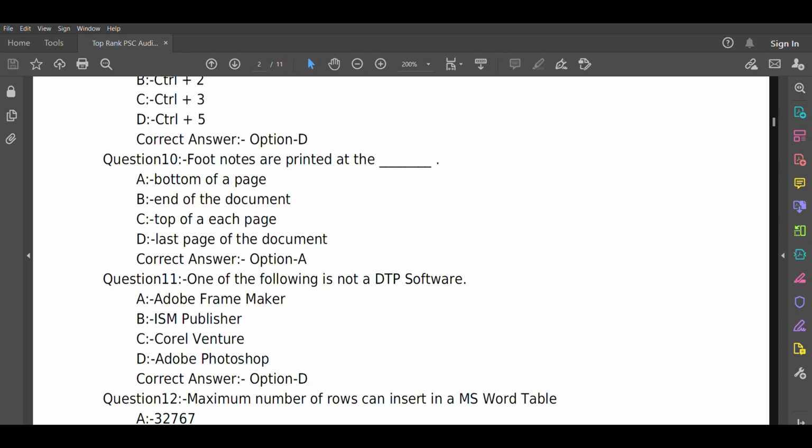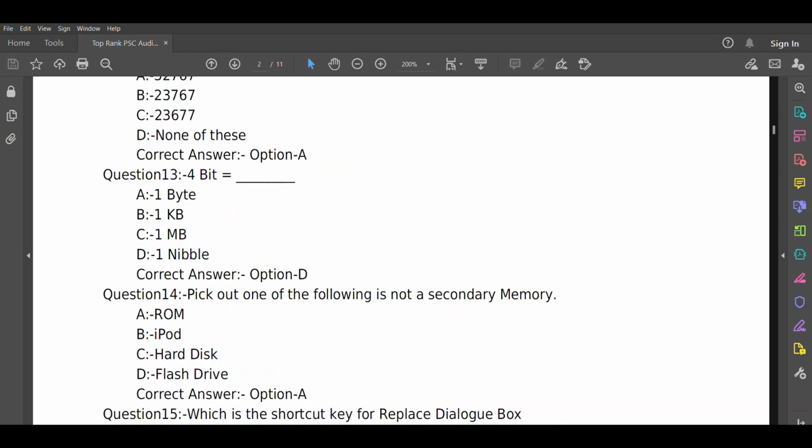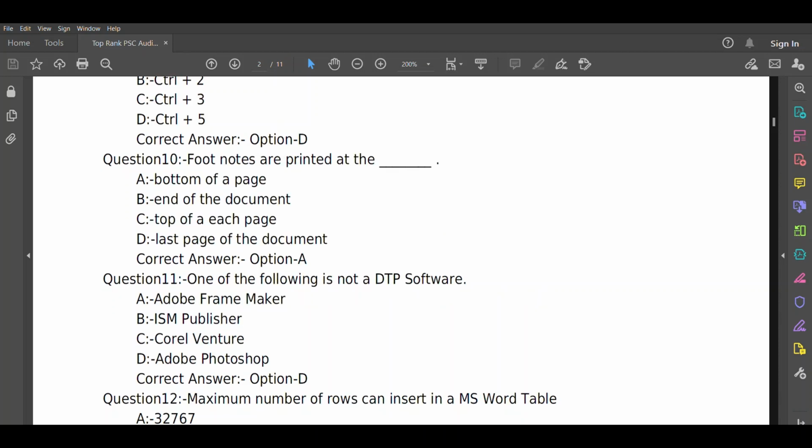One of the following is not a DTP software: Adobe Photoshop. Maximum number of rows that can be inserted in an MS Word table: 32,767 rows.